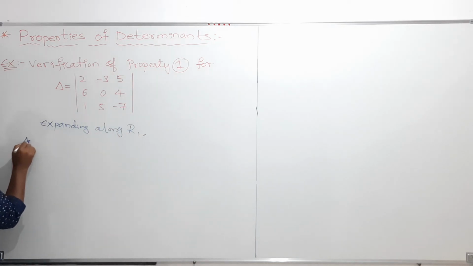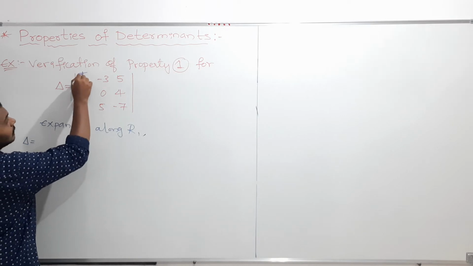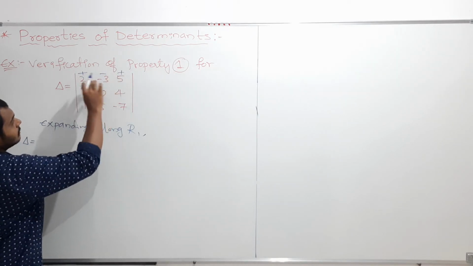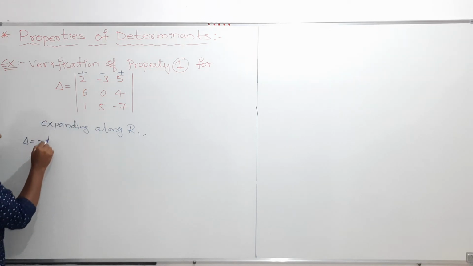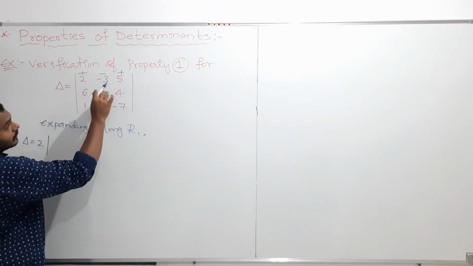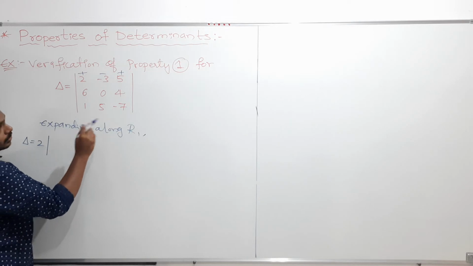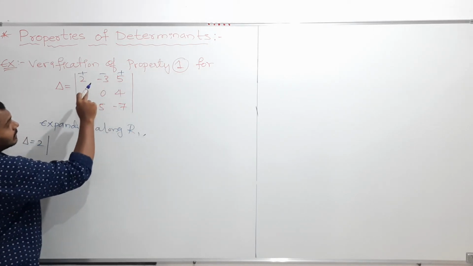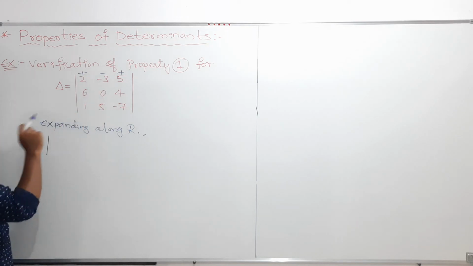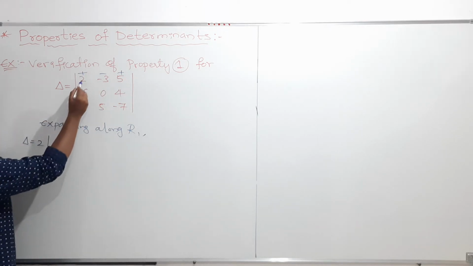So therefore delta is equal to, and always I told you the signs are plus, minus, plus. So expand this one. Here it is 2 into the determinant of the remaining 2 cross 2, order 2. It is clear. So for this element, we should leave this row and this column, and take the element outside.